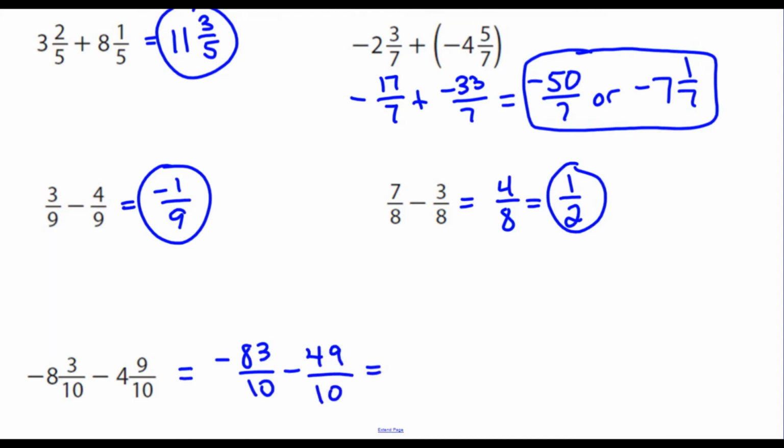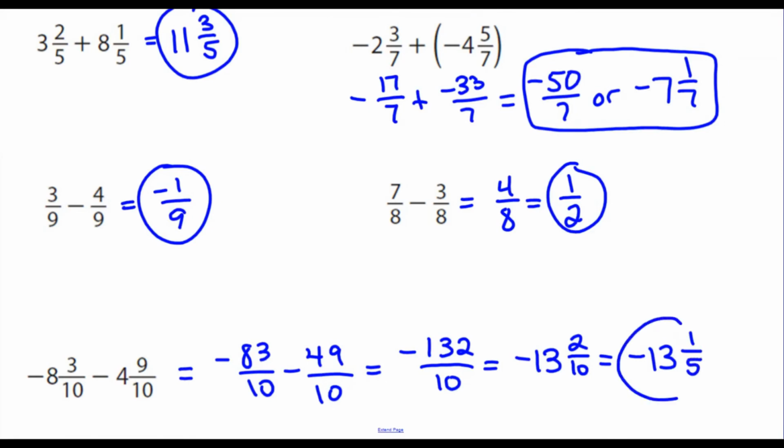So now this problem has been reduced to -83 minus 49, or -83 plus a -49. So this is going to become even more negative. So I get -132/10, which as a mixed number is -13 2/10, which is -13 1/5. Is my result there.